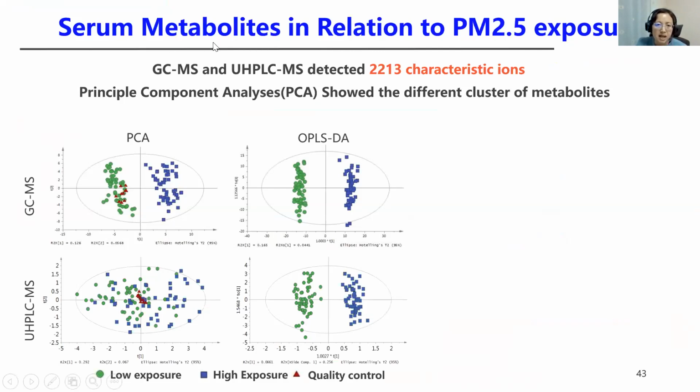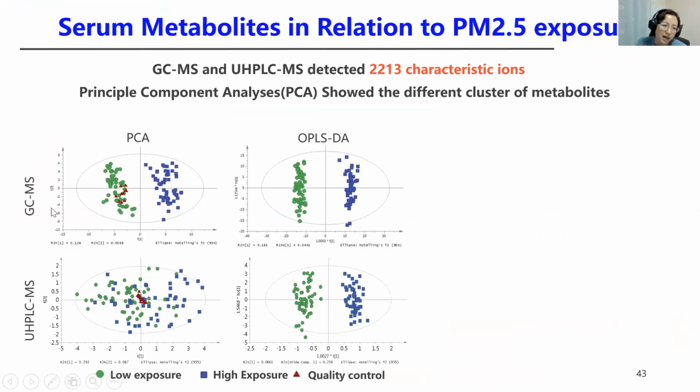We did a metabolome analysis, and we used principal component analysis to see if there are differences in the metabolites in their serum under the 2 exposure patterns. So we can see that low exposure, that is with the real air purifiers, and the blue one is the higher exposure with the sham air purifiers.